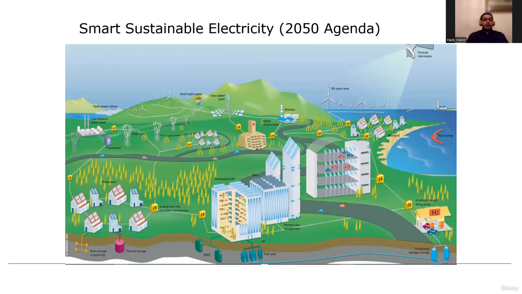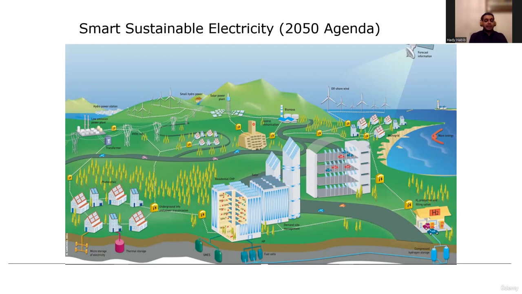Let us start our technical lecture with this image. In fact, this image is the 2050 agenda of the world to turn all the energy and all the electricity that we are going to use at that time to be only from renewable energy technologies.